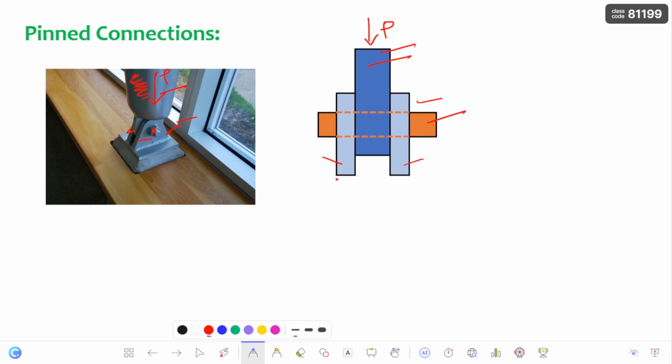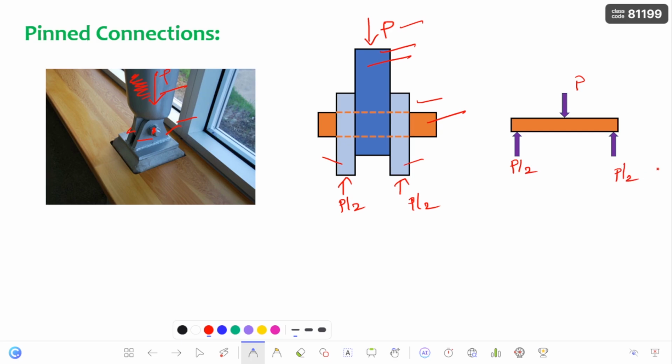Next, you can consider this pin as a simply supported beam. Now, if you consider this as a simply supported beam, this is the load P which is acting, and in the opposite direction you can consider two reactions, that is P by 2 and P by 2. Just observe clearly, the structural member which is connected to the pin acts as a point load, and the plates in the opposite direction act as supports.